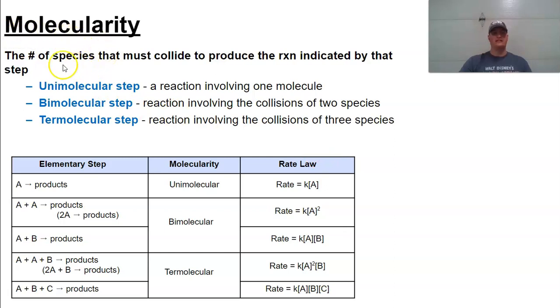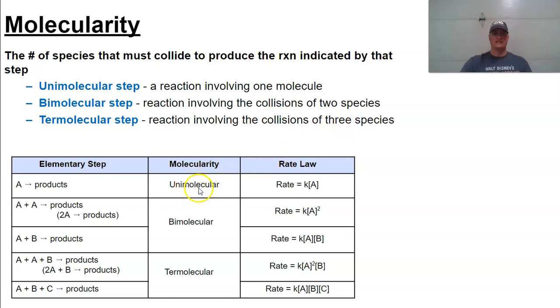Now, the number of species that must collide to produce a reaction is indicated by that step. If it's unimolecular, such as a molecule breaking apart, that would be one molecule. Bimolecular is the collision of two species. Termolecular is three species.